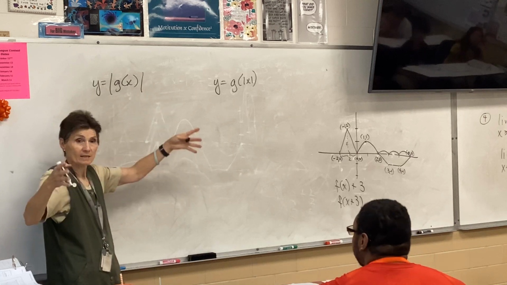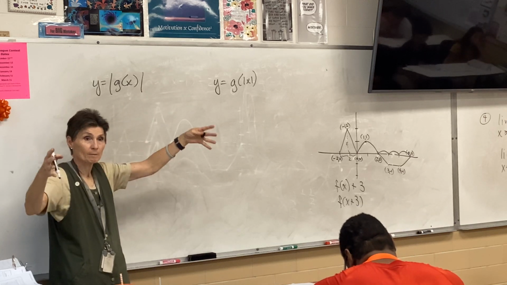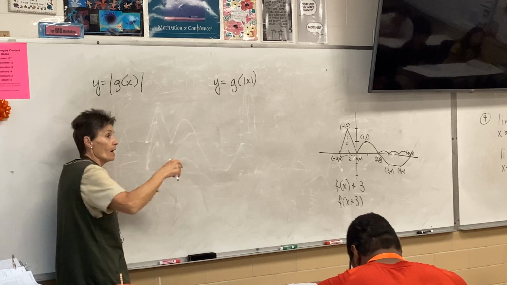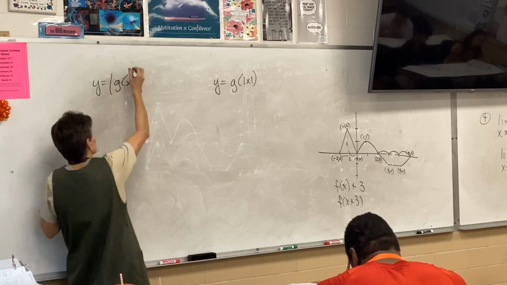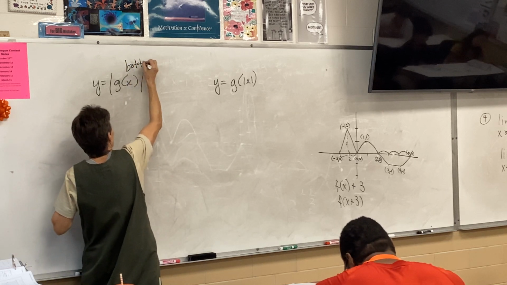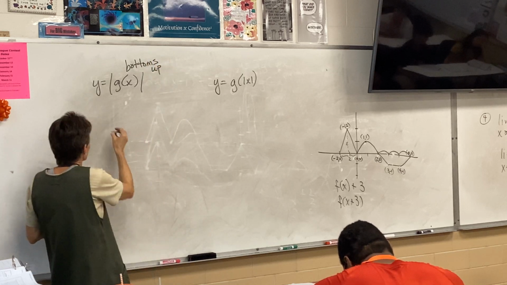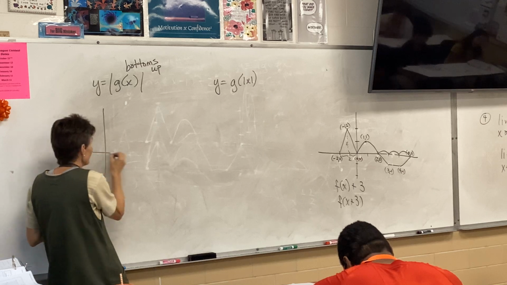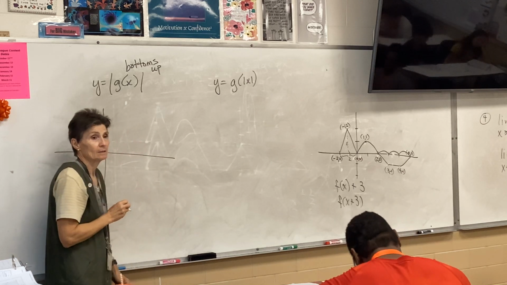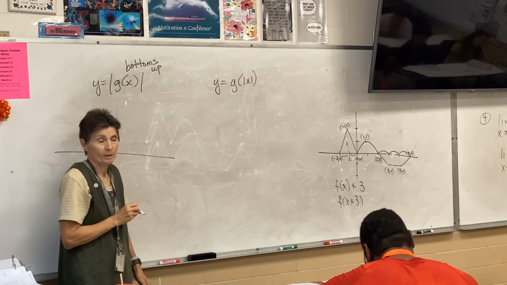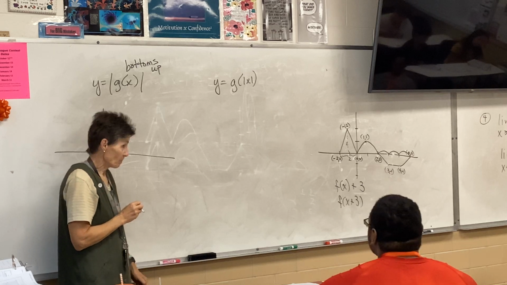Here, it's outside the problem. It's surrounding the problem. I call this transformation bottoms up. And here's why. When you take the absolute value of something, what happens to it? It becomes positive.